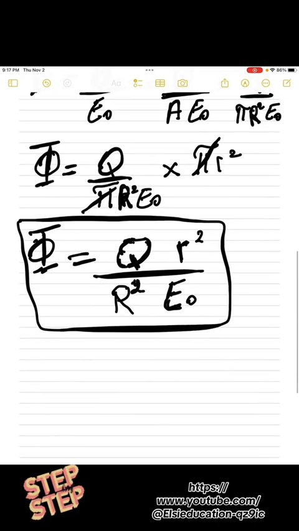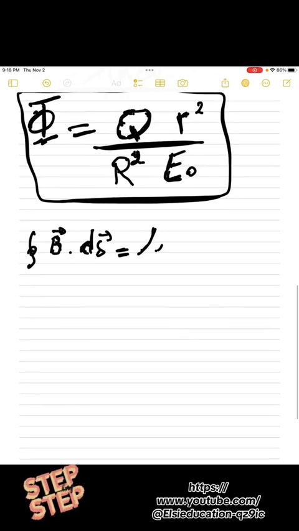Okay, so from here we know that to integrate the magnetic field, we have this formula: the magnetic field multiplied by the differential of the length, and this is equal to the constant multiplied by the current.